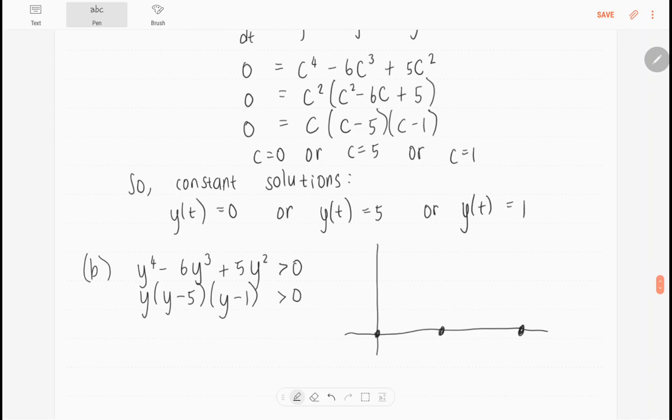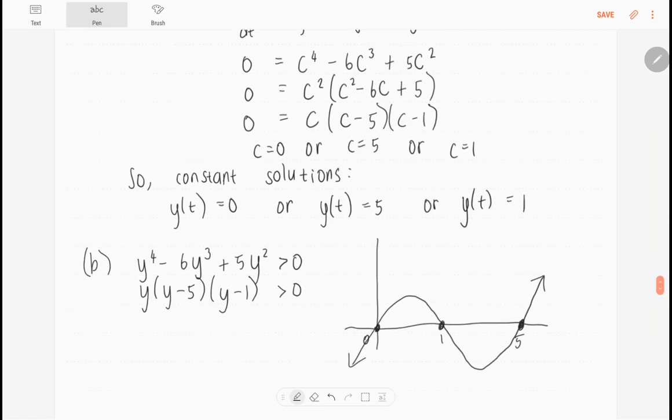So if you are unsure whether your function will go up or down first, you can just substitute a value between the 0 points into the function. So for instance, we know this is 0, this is 1, and this is 5. So you can just substitute some value in between here into the function and in between here into the function to see that it will look like that.